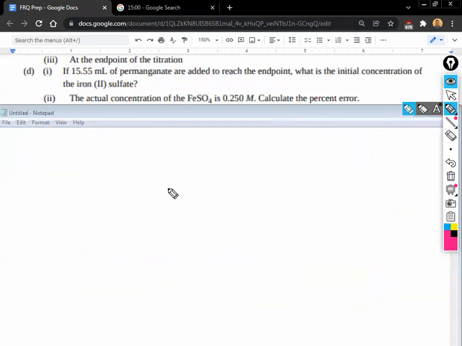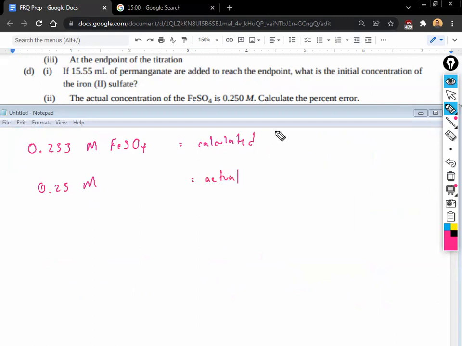Okay, so I'm going to write that down. 0.233 molarity FeSO4. That's our calculated one, right? But the actual is going to be 0.25 molarity. So calculated or experimental.